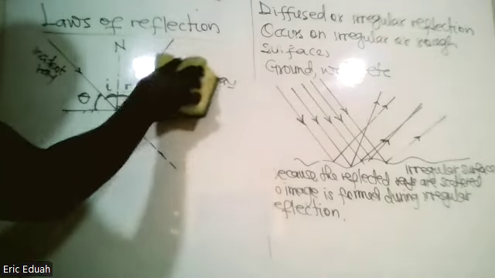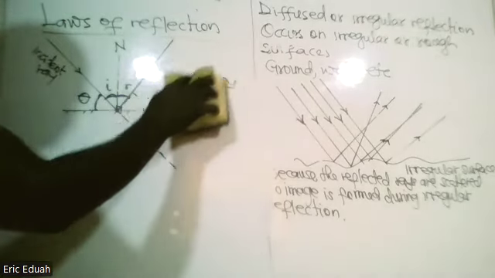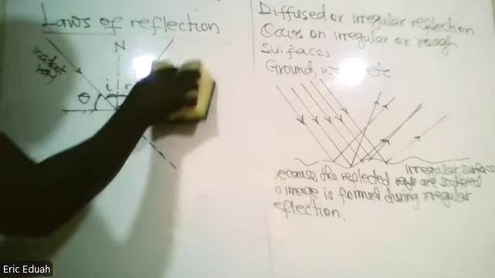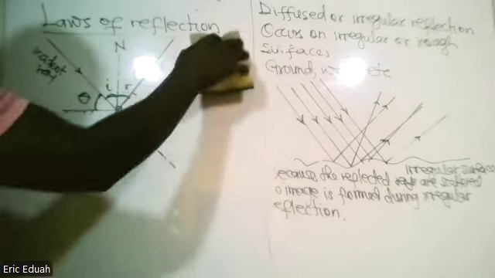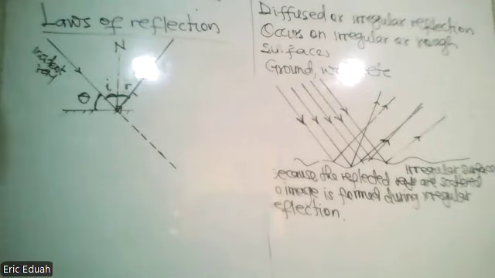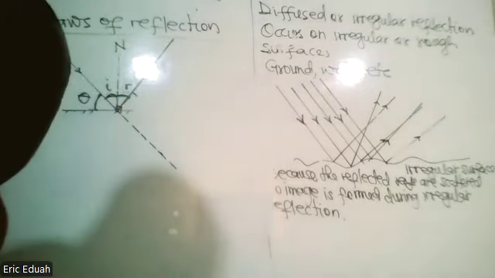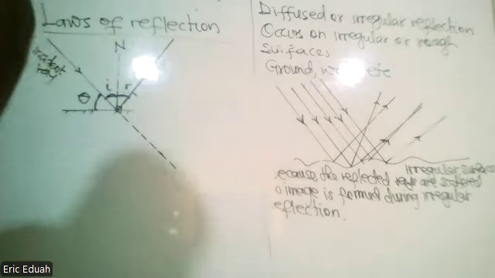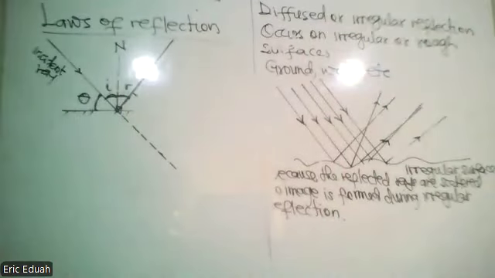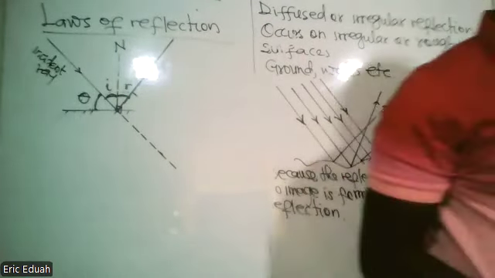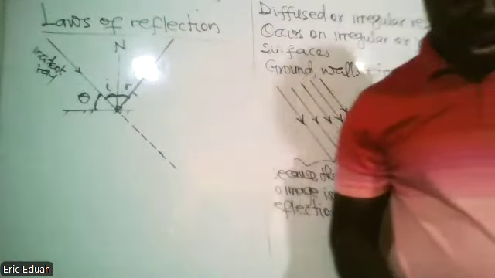So, can we say the path of the incident ray is deviated? If the path is changing, can we say that the incident ray's path has been deviated? Class, can we say that? Yes, sir.